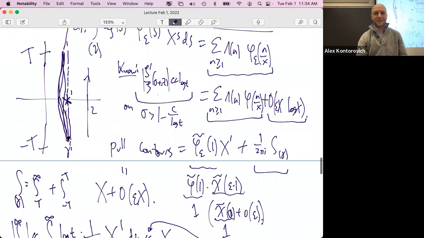And we're doing that from minus t to t. And what are we doing above t and below minus t? I'm always following this contour. We're just breaking it up into those pieces and estimating it differently for the different pieces, exactly.